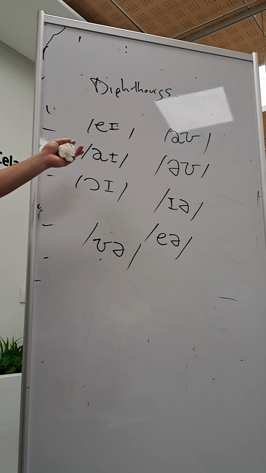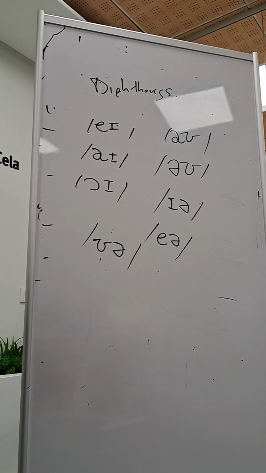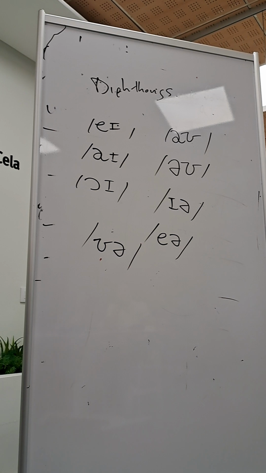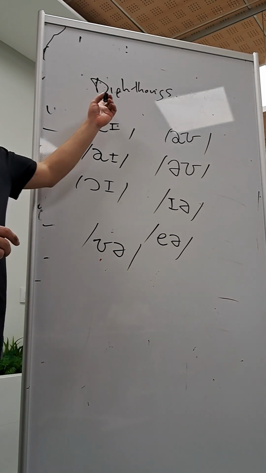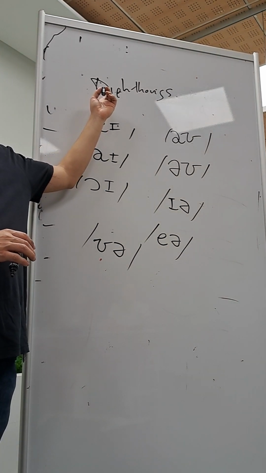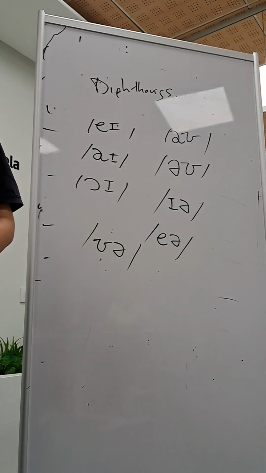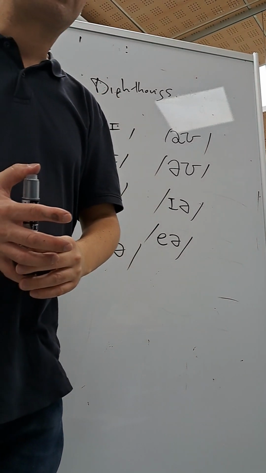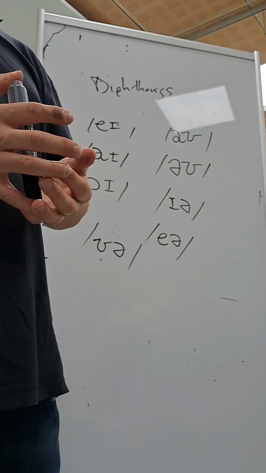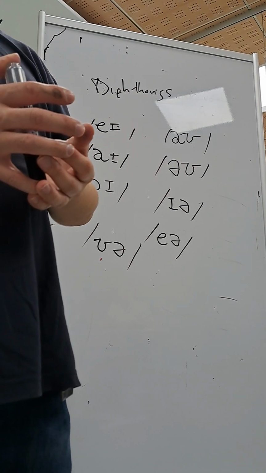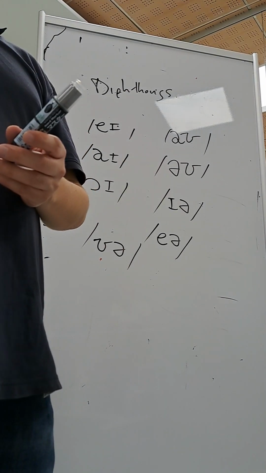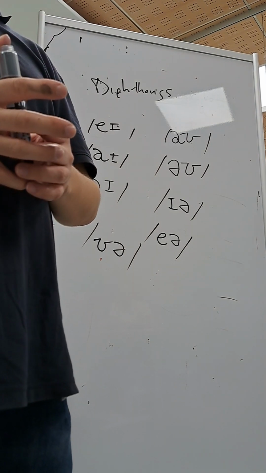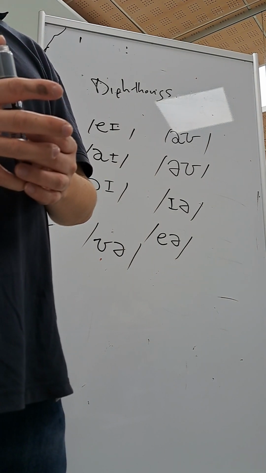This is especially true for RP. In American, there might be some variation. Okay, then I would say these are the diphthongs. I would point out a definition of what a diphthong is. A quick glide of two pure vowel sounds together.